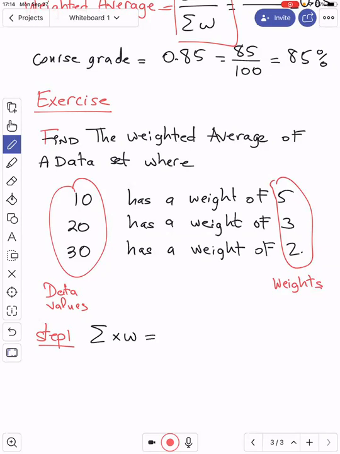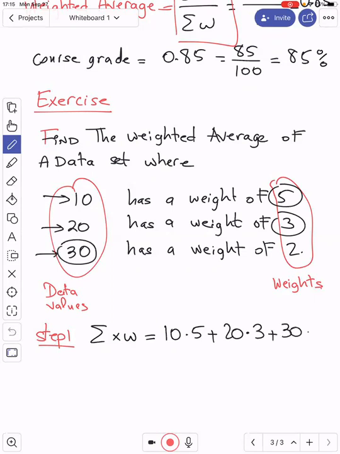The first data value is 10, and the corresponding weight of 10 is 5, so that's 10 times 5, plus the second data value 20, whose corresponding weight is 3, plus the last data value 30 times its corresponding weight, which is 2.